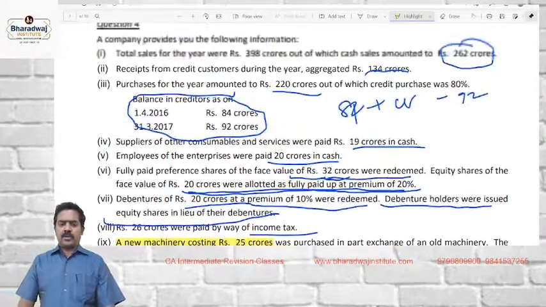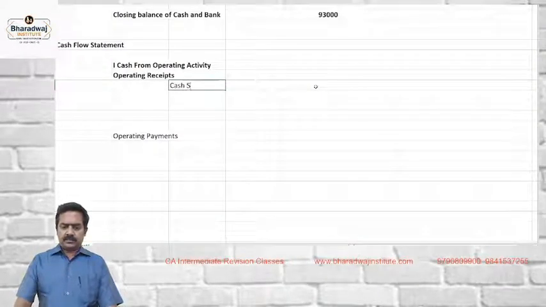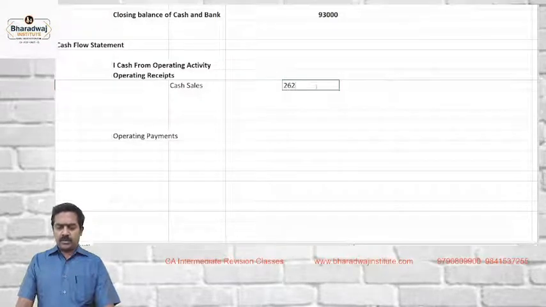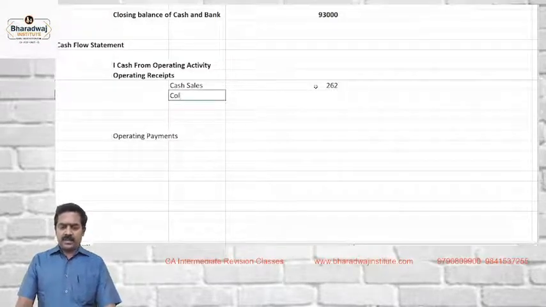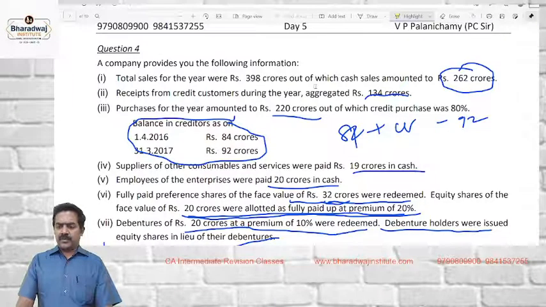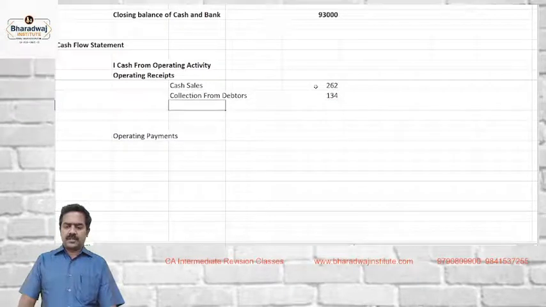Let us go one by one. What is the first one? Cash sales. Cash sales how much? We can maintain in crores, 262 crores. Then collection from debtors. Collection from debtors how much? 134 crores. That is given in the second adjustment.